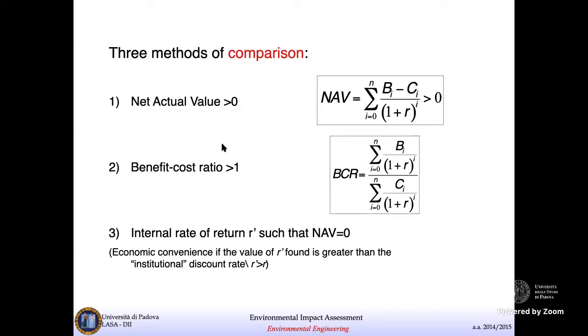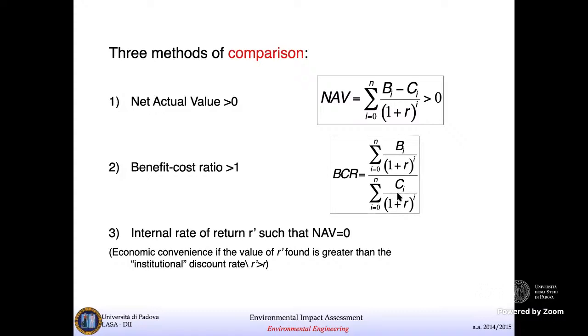Or you may employ a benefit cost ratio, in which you divide the actualized benefits value by the actualized cost value.